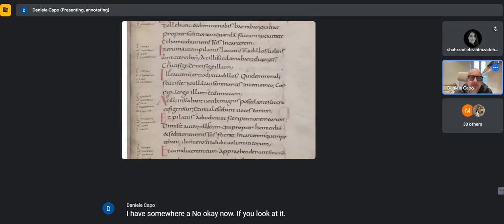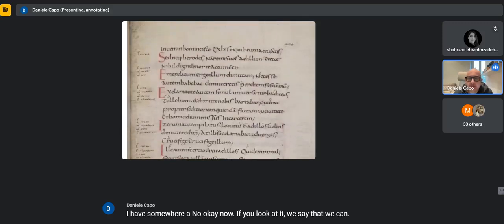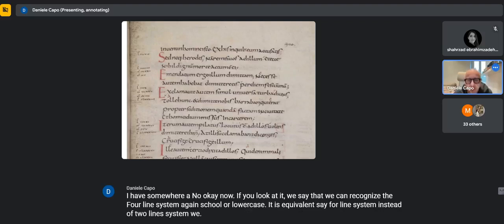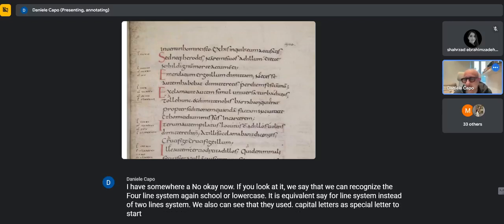Now, if you look at it, we can recognize the four-line system. Again, minuscule or lowercase, it is equivalent, a four-line system instead of a two-line system. We also can see that they used capital letters as special letters to start verses in this case.